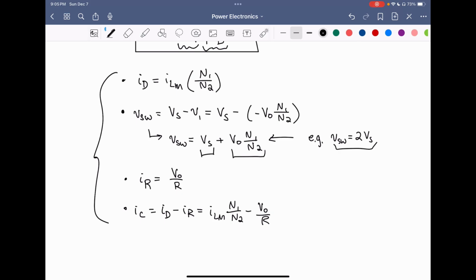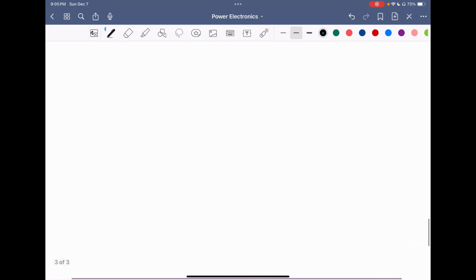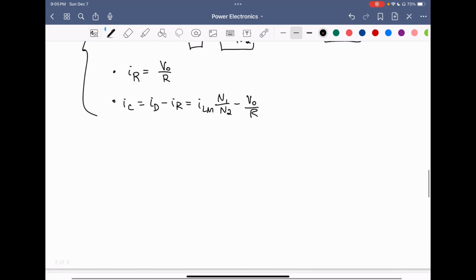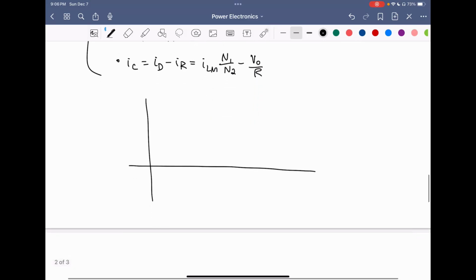All right, so to draw some waveforms, let's consider the primary side voltage to start off with. So V1, during the DT interval, we know that the switch is on. This is going to be equal to the source voltage in the DT interval.